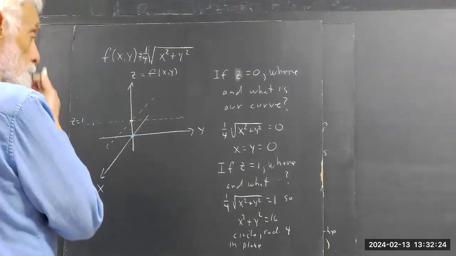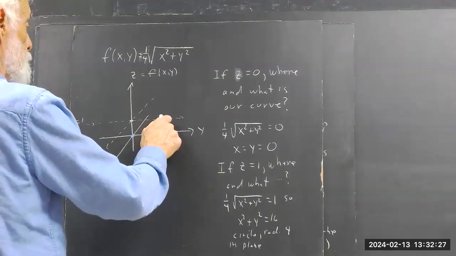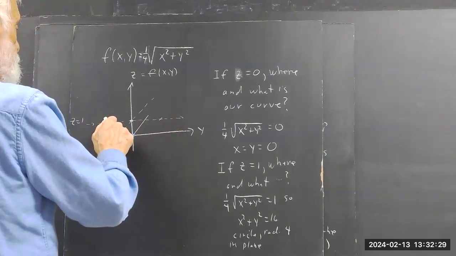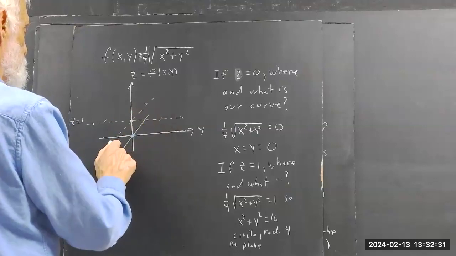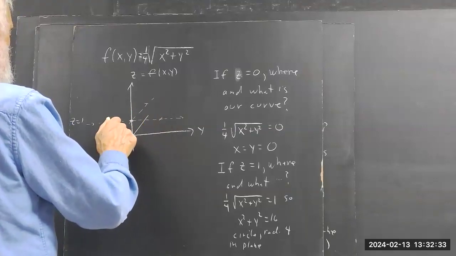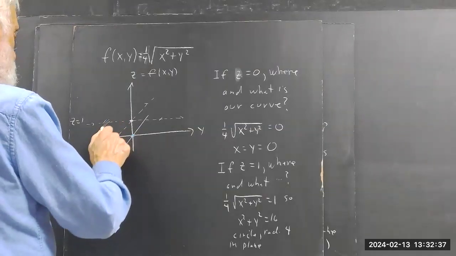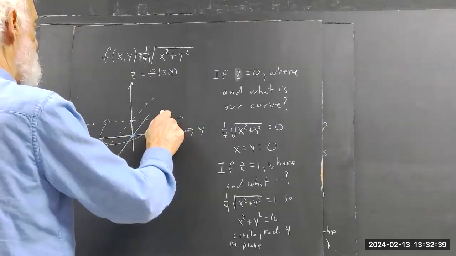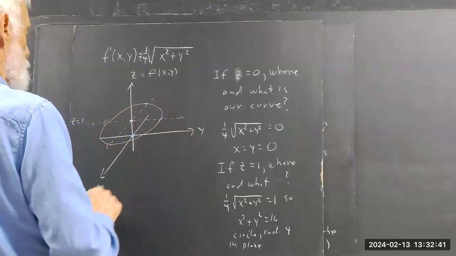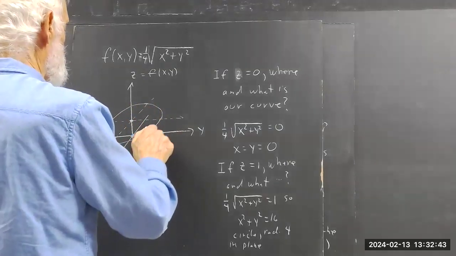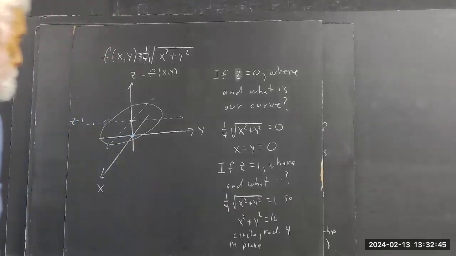There's a circle of radius 4. So we come out here, out here, back here, and now we've got a circle. Got a dot down here, we've got a circle of radius 4.